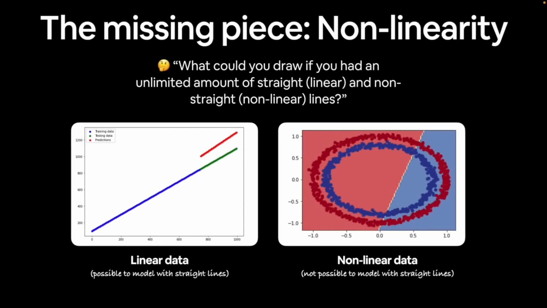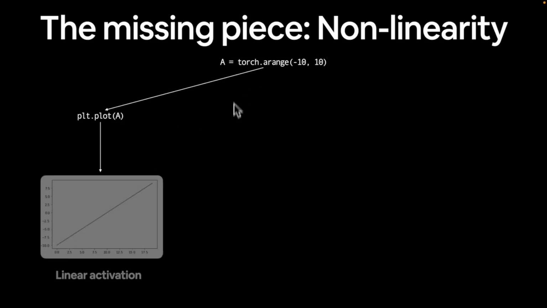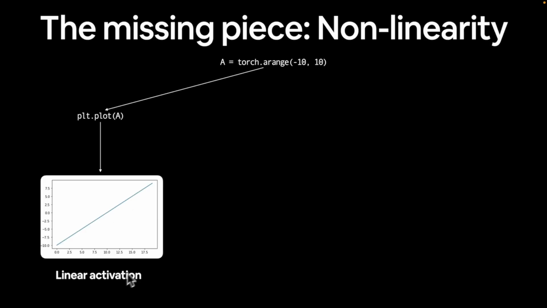And just to reiterate, we've gone over non-linearity. The question is, what could you draw if you had an unlimited amount of straight, linear, and non-straight, non-linear lines? I believe you could draw some pretty intricate patterns, and that is what our neural networks are doing behind the scenes. And we also learned that we could replicate some of these non-linear functions, some of the ones that we've used before. Linear activation is just the line itself.